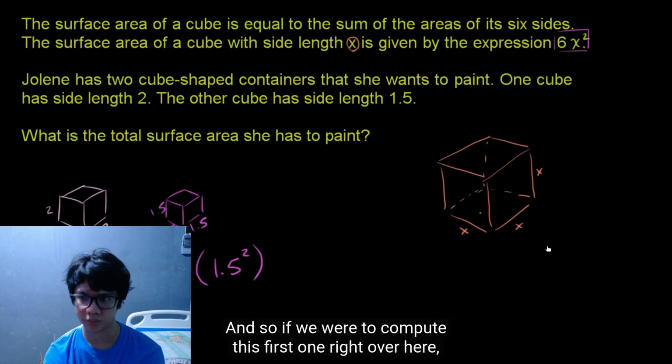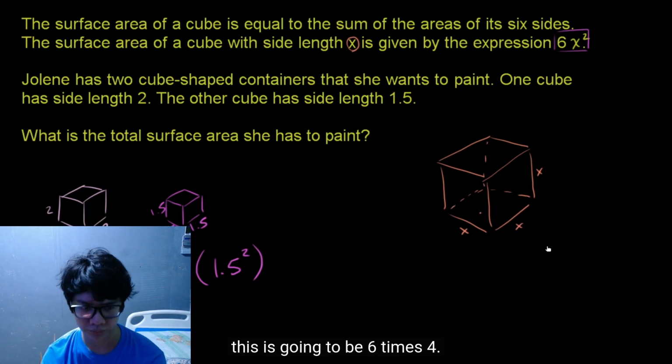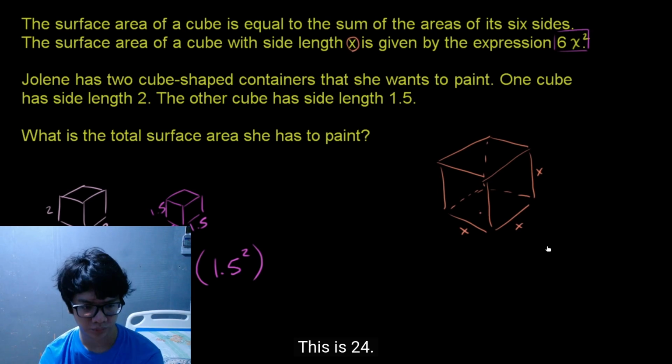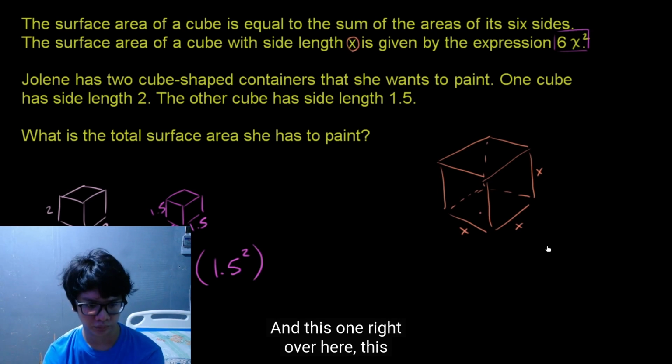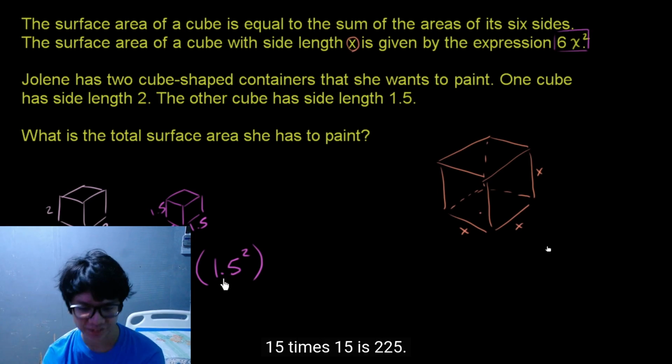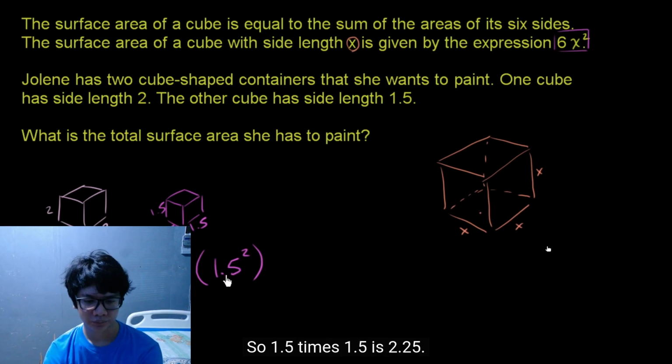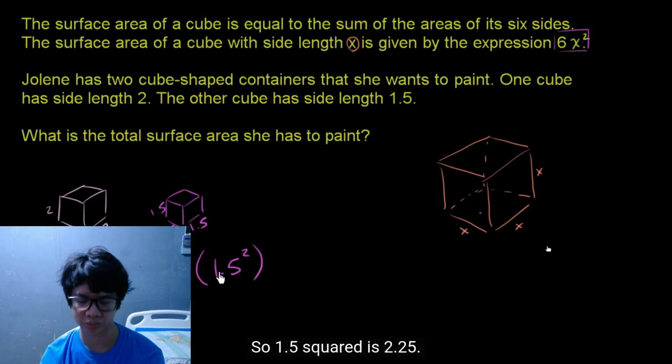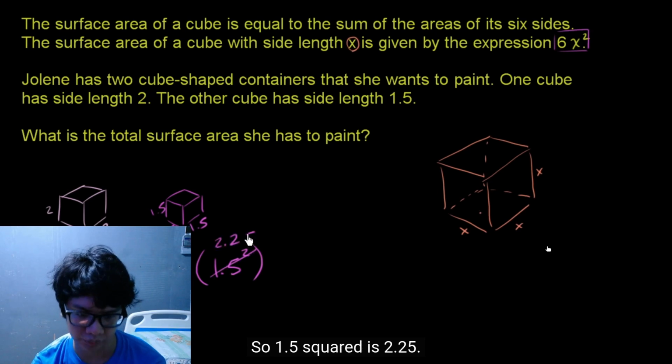And so if we were to compute this first one right over here, this is going to be 6 times 4. This is 24. And this one right over here is going to be a little bit hairier. Let's see. 15 times 15 is 225. So 1.5 times 1.5 is 2.25. So 1.5 squared is 2.25.